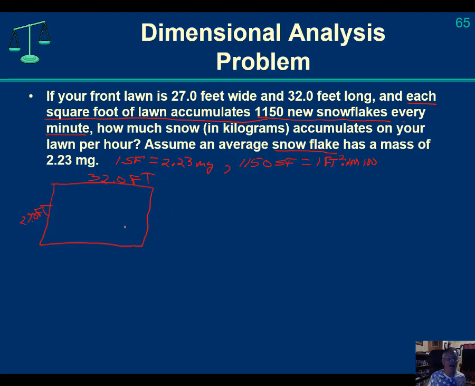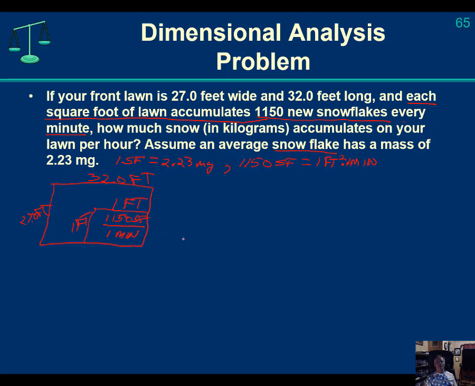So the first thing I need to realize is that, and I'm going to do this out of scale, here is my out of scale 1 foot by 1 foot, and this is just width times length, which is going to give me 1 square foot. And in that 1 square foot, 1,150 snowflakes accumulate every 1 minute.